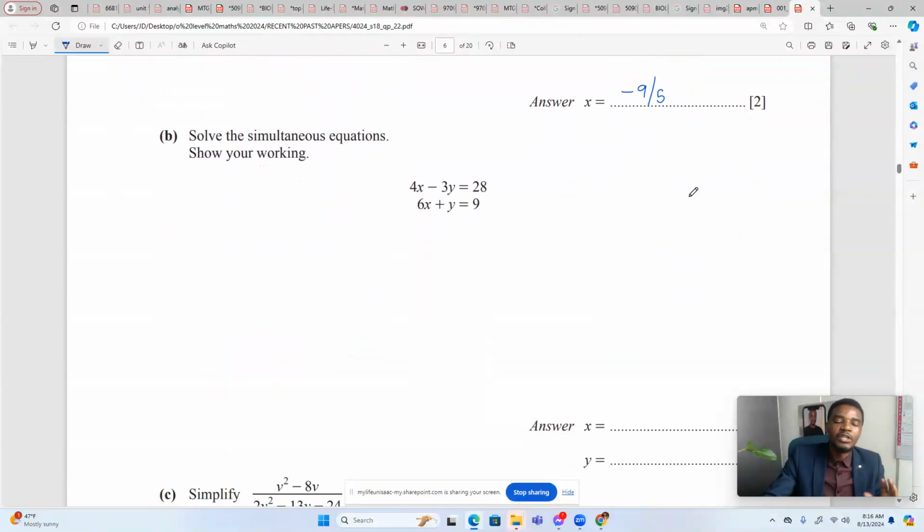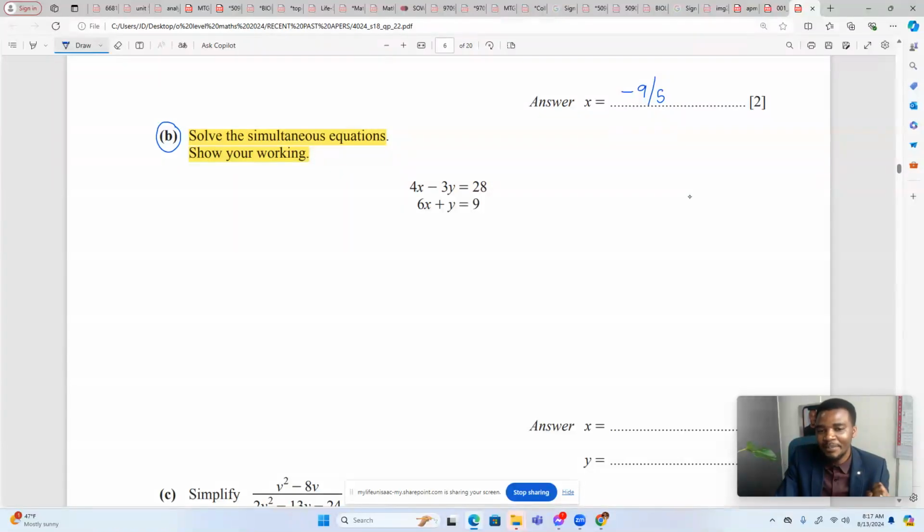Let's quickly move on to part B. Part B says, solve the simultaneous equations. Show your working. How do we solve simultaneous equations? Guys, the steps for solving simultaneous equations are so simple and straightforward.